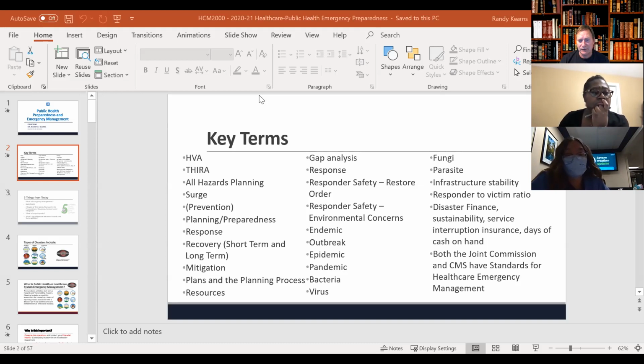Responder safety, both from a restore order standpoint and an environmental concern standpoint. If you are involved in the response, one of the important things we look to is how we maintain the safety of our responders.